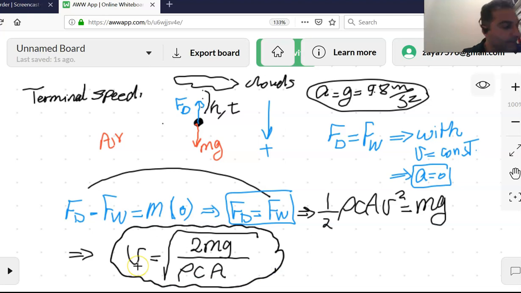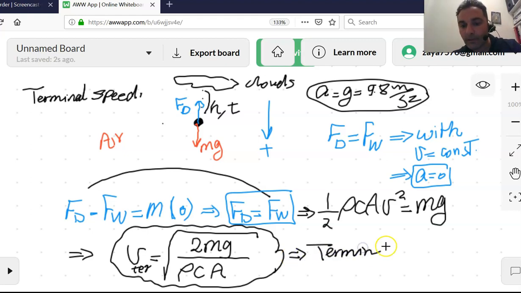This velocity, we call it Vt, or let me write T. That means terminal velocity. It's terminal speed or velocity, but I have to say it is speed, because it's magnitude. It doesn't matter if we say terminal velocity. So what is terminal speed for an object?